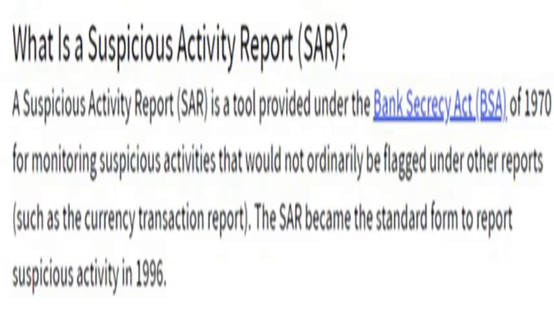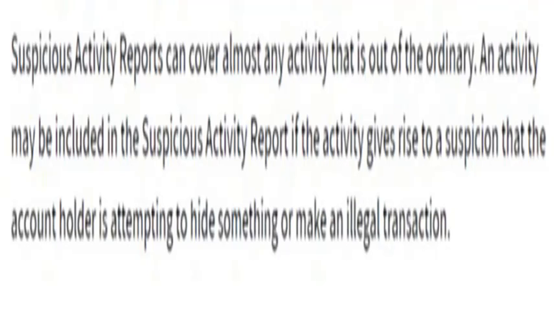The SAR became the standard form to report suspicious activity in 1996. Suspicious activity reports can cover almost any activity that is out of the ordinary. An activity may be included in the suspicious activity report if the activity gives rise to a suspicion that the account holder is attempting to hide something or make an illegal transaction.